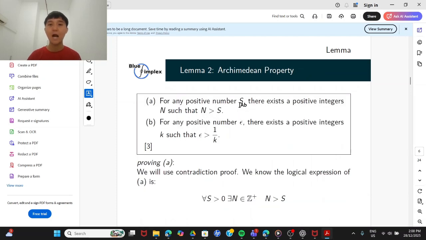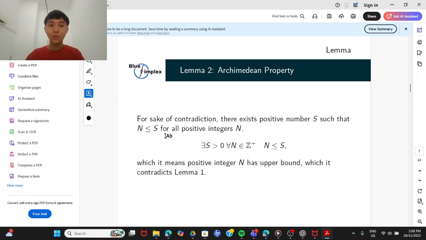How about another one? The Archimedean property. It says that for any positive number s, there exists a positive integer n such that n is larger than s. It seems very abstract. We also use proof by contradiction. Write down the logical expression of A, and then using the contradiction you get this statement.